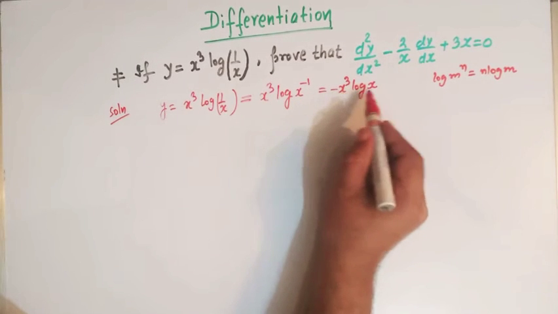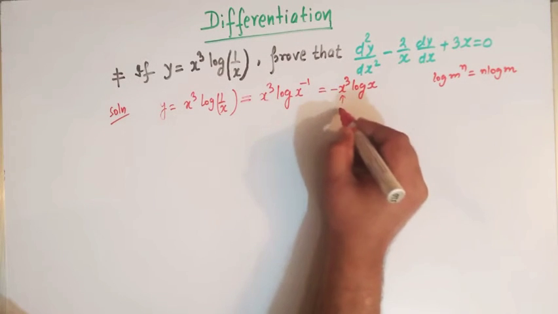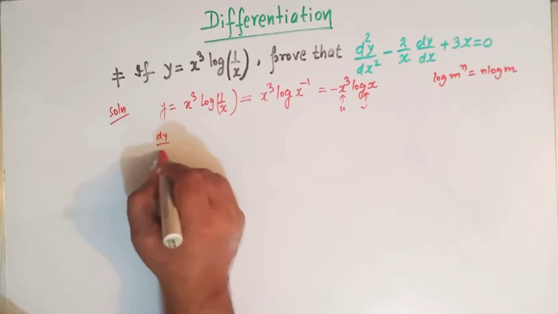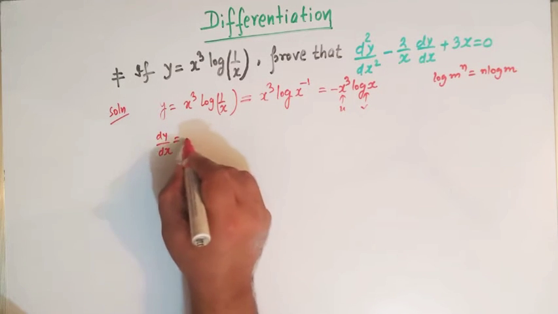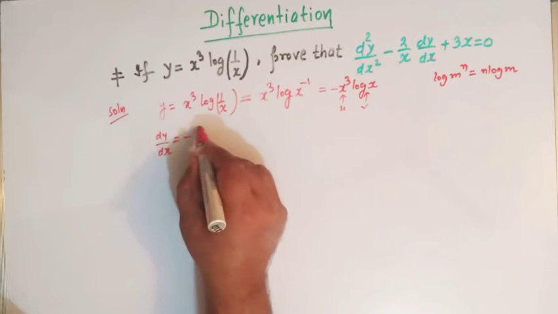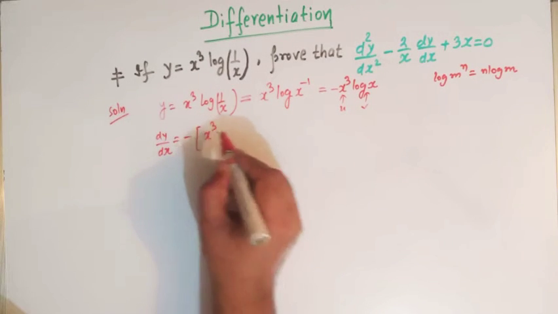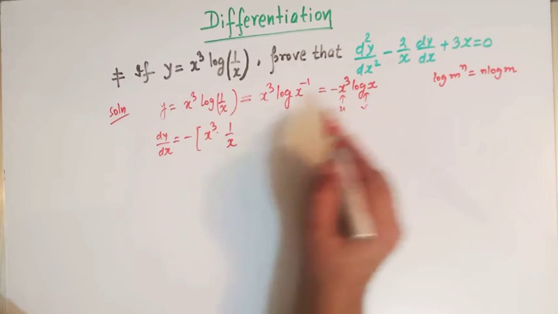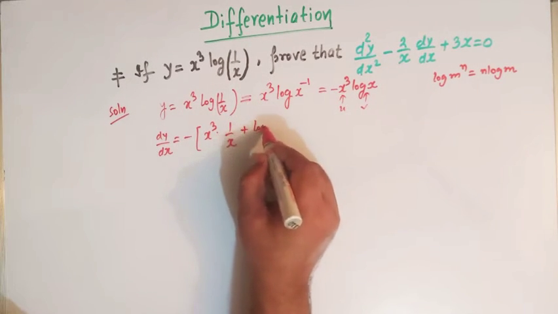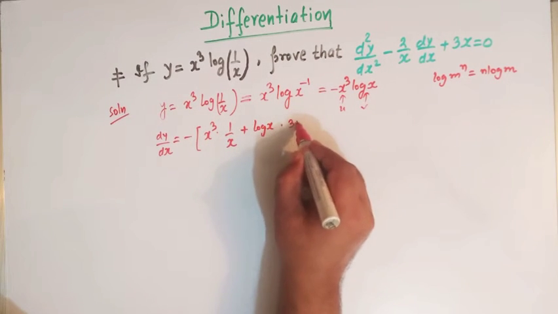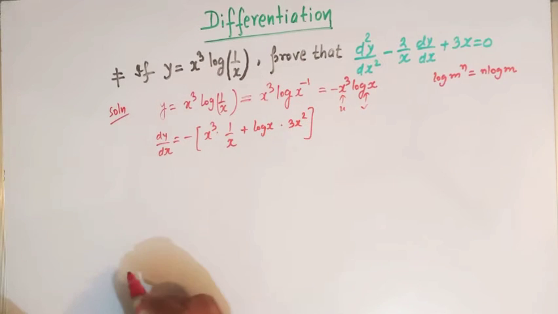So here we have the product of two functions, this is u, this is v. Now dy over dx is, taking the minus sign here, we have x cube times 1 over x, first function times derivative of second, then we have log x, and the derivative of x cube is 3x square, right?